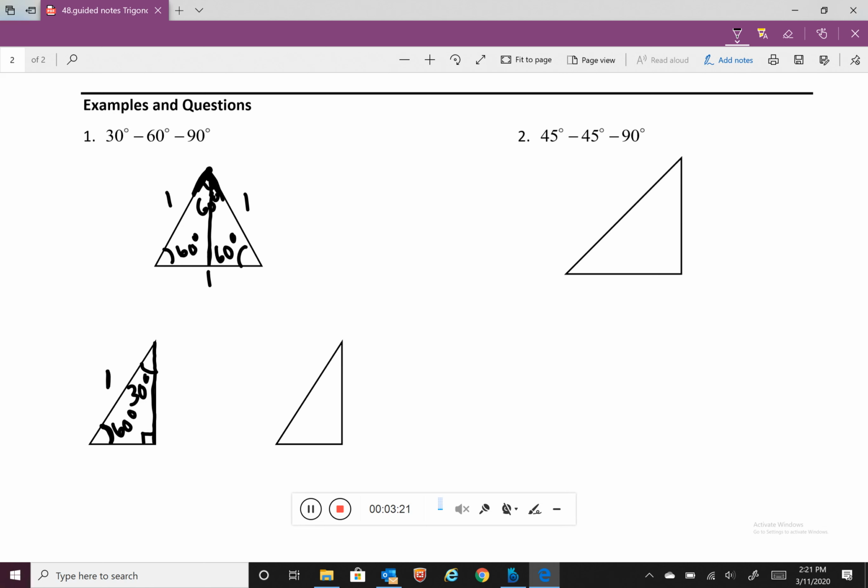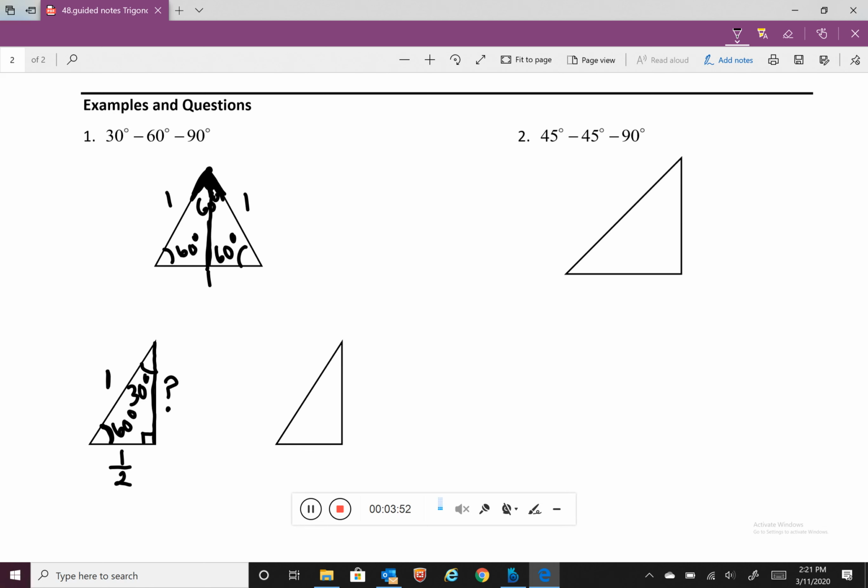Now we bisected this angle, which means we also bisected this side. So it is half of whatever it used to be. And we are missing this side right here. Otherwise, we have everything we need for this triangle. Now for 3 sides of a triangle, if we have a right angle, that makes it a right triangle, and therefore we can use the Pythagorean theorem to solve for that 3rd side.